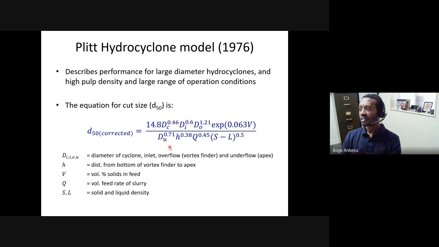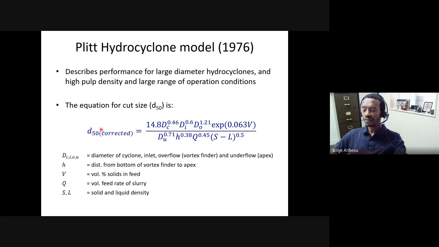The first one is the Plitt hydrocyclone model, as you can see here, usually applied, as I said, for larger diameter hydrocyclones with relatively high pulp density, which are probably close to what we actually see in industry.